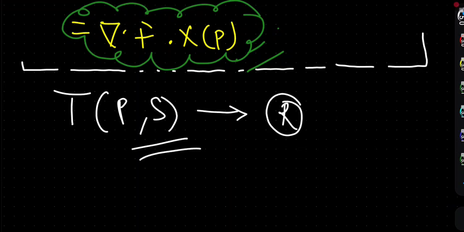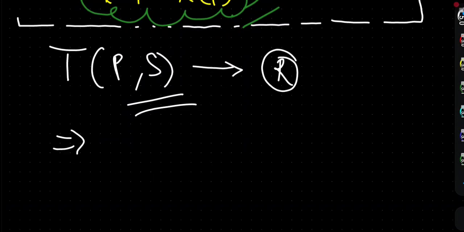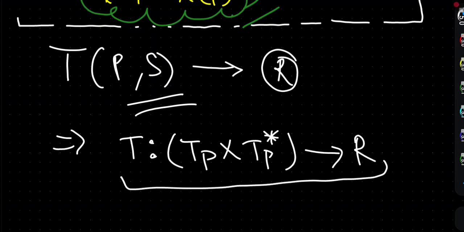Yes, that is the meaning of a tensor. In mathematical form, it maps from cotangent spaces and tangent spaces, and you can extend the idea to T_p, and so on, and it spits out a real number.